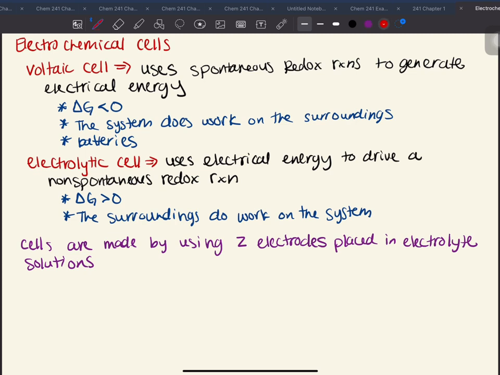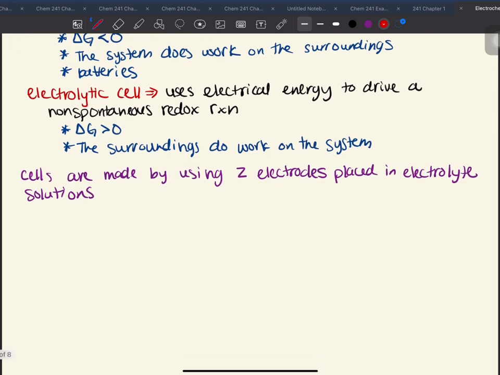The two types of electrodes we're going to talk about in this class that make up these cells are anodes, and this is the electrode where oxidation occurs.